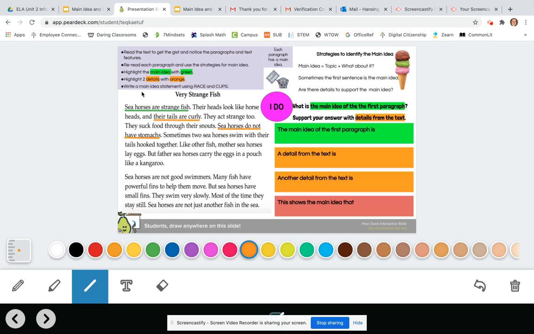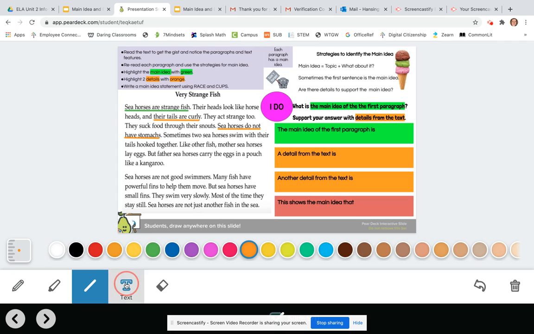Now I'm ready to write a main idea statement using RACE and CUBES. Remember, the R stands for restate the question. So the question is, what is the main idea of the first paragraph? I'll begin my RACE response by changing the T to an uppercase and writing, the main idea of the first paragraph is.